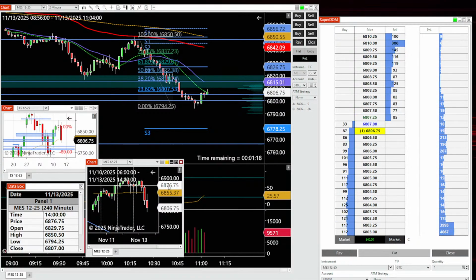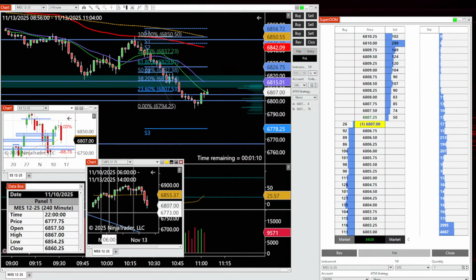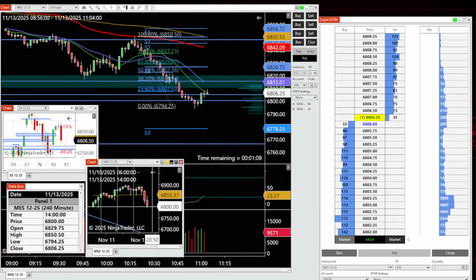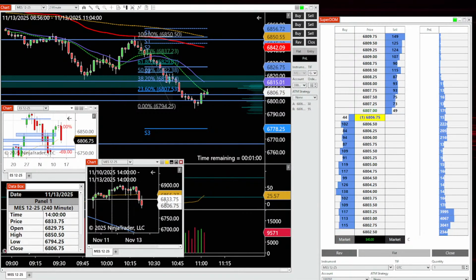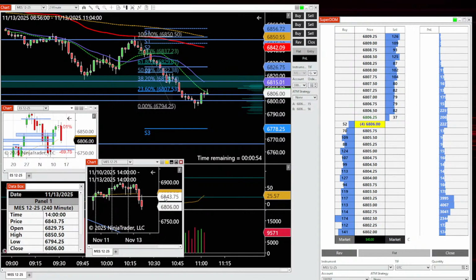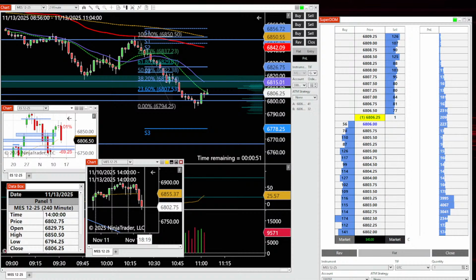Now it looks like we double topped and came down, testing back this low at 93. Question is, do we double bottom here and get back up past 6,900? Not today, but over time, who knows?